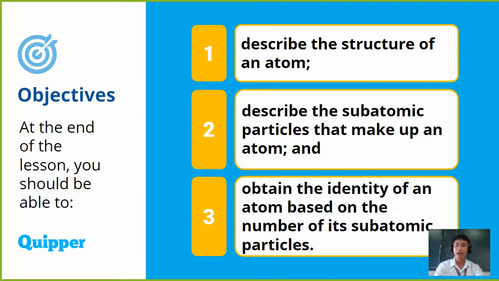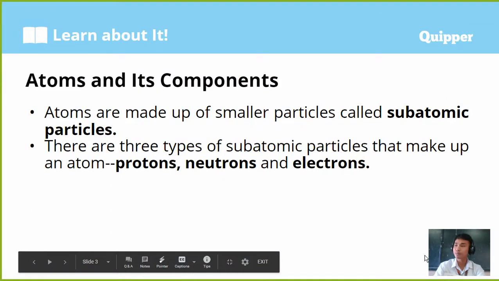Because in the video reviewing the previous topic, it's stated here that different elements have different kinds of atoms, and this is what makes them differ: atomic number and mass number. Okay, so we're going to talk about that here. So let's continue.